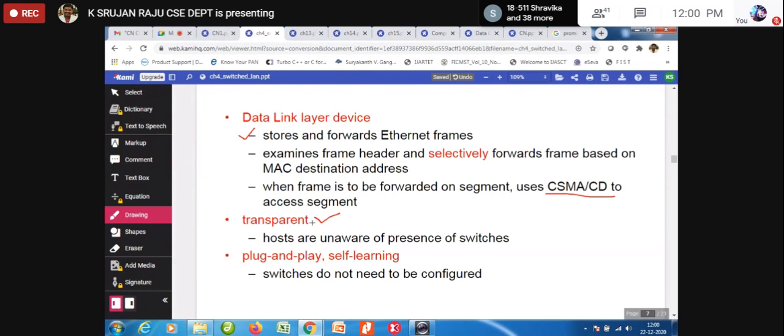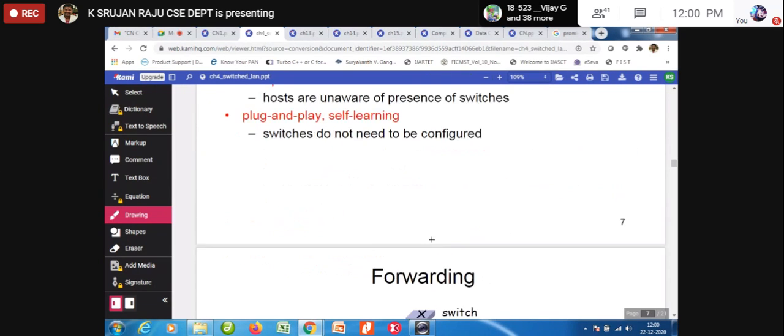Transparent means the host is not aware of anything, unaware of the presence of switches. I also told you about two types of learning: one is transparent, another one is plug and play or self-learning. Switches do not need to be configured, just plug and play.